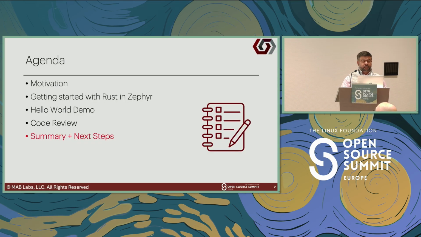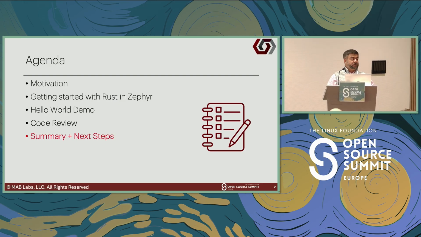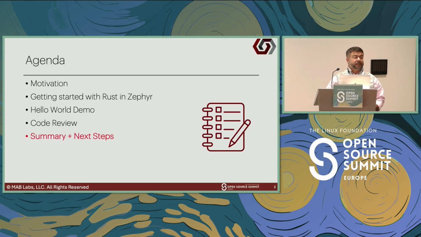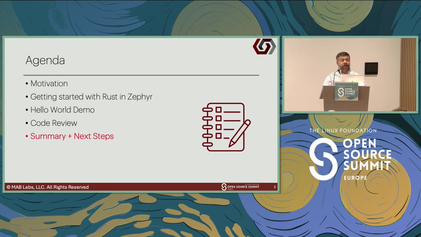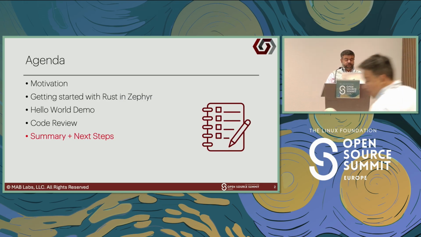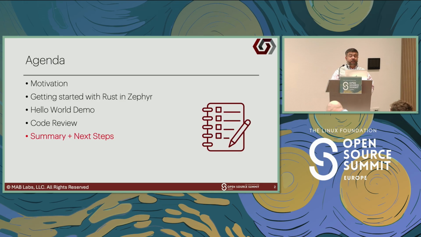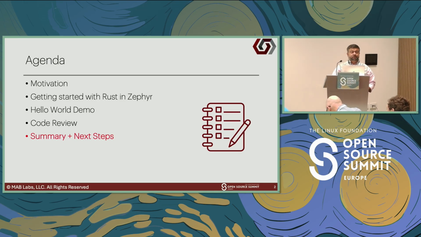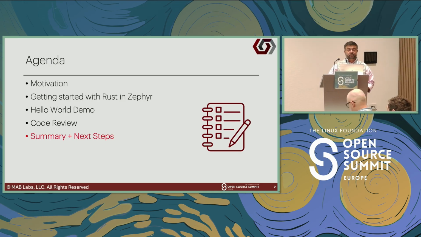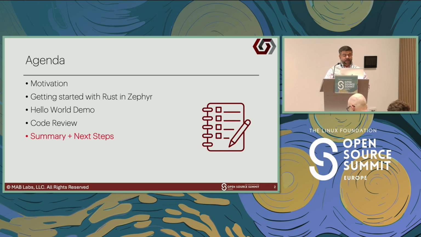Like I said, as with usually all of my talks, I start with the motivation, why my talk is relevant. Then we're going to dive into getting started with Rust in Zephyr. Again, just a high-level overview of what the steps involved are. It's well documented, but the documentation isn't entirely correct, so I just wanted to note some caveats there.